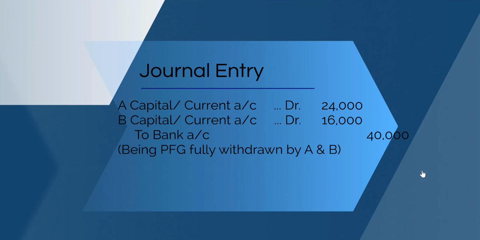So since it's fully withdrawn, the journal entry is A's capital or current account debit rupees 24,000, B's capital or current account debit rupees 16,000, to bank account rupees 40,000, being the premium for goodwill fully withdrawn by A and B. So A and B fully withdraw the amount of rupees 40,000. A takes 24,000 and B takes rupees 16,000.